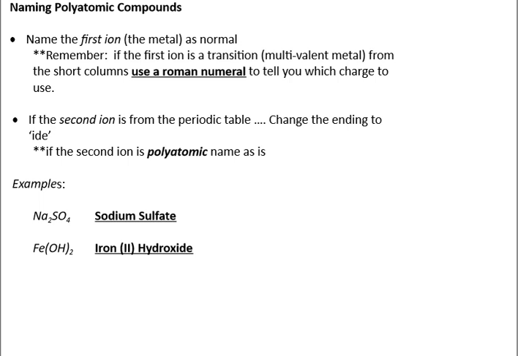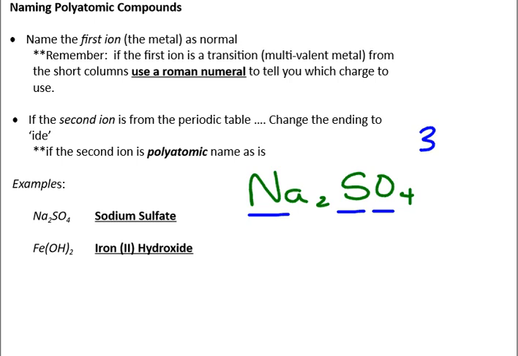I know I'm going to have polyatomic ions in my name if I see more than 2 elements in the compound. Look at the formula for Na2SO4. I'll make it a little bigger for us to be able to see. This compound has sodiums, sulfurs, and oxygens. There are 3 different elements.